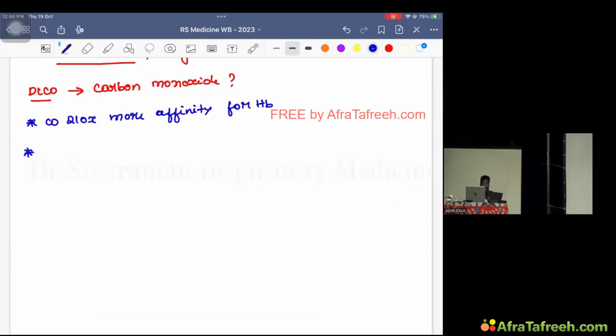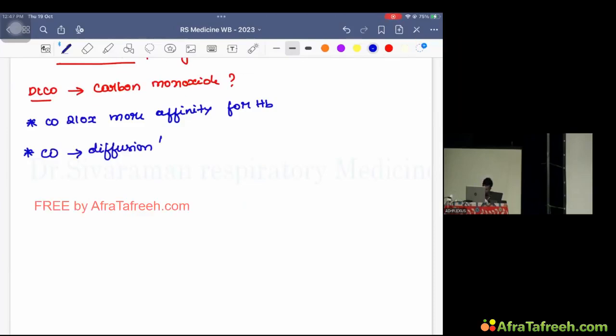You have two types of gases. One is called diffusion limited gases and the other is called perfusion limited gases. Carbon monoxide is a diffusion limited gas. What is a diffusion limited gas?